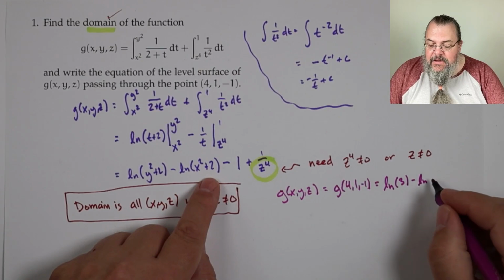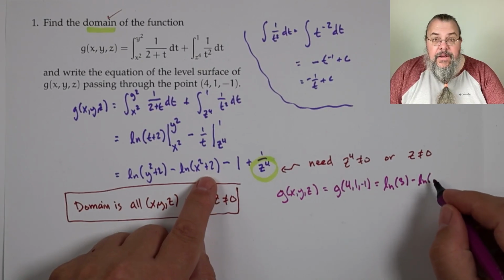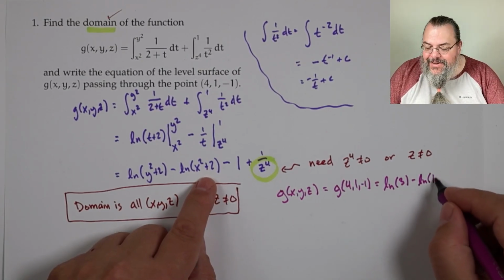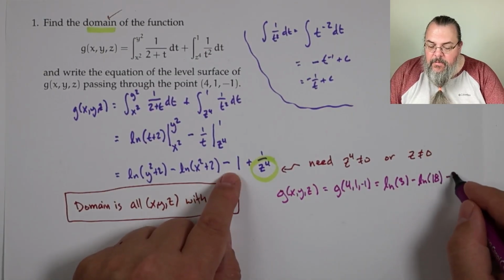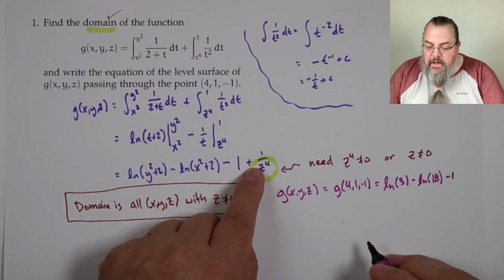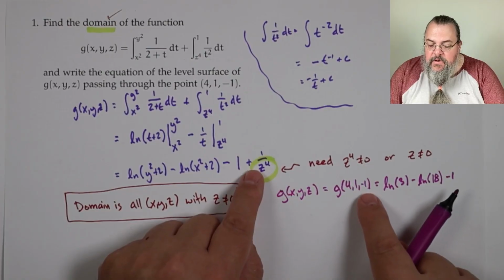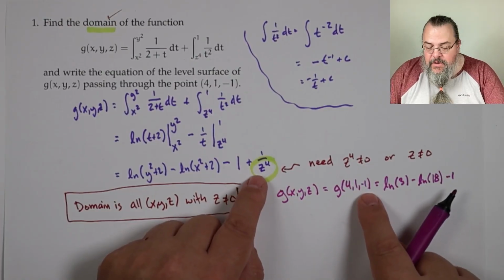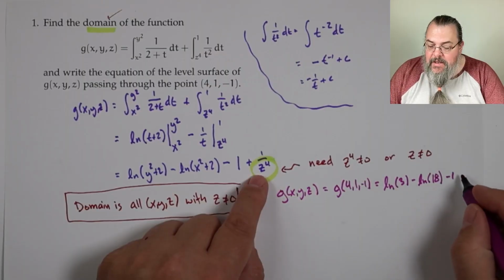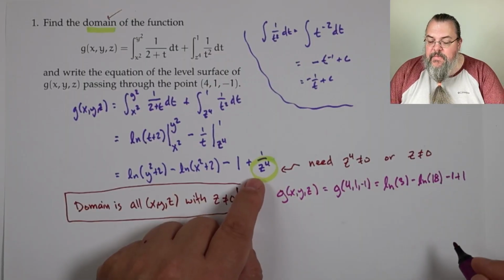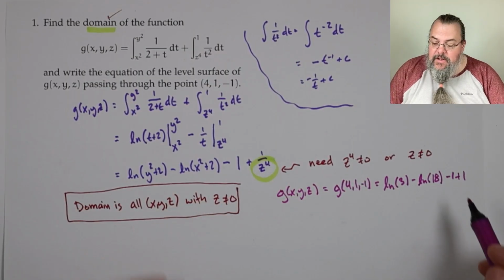That's 18, right? Yeah, it is. Log 18. And minus 1. And then we have plus 1 over z to the fourth. Well, minus 1 to the fourth is 1. So that's going to make it a plus 1. All right, well, that's good.